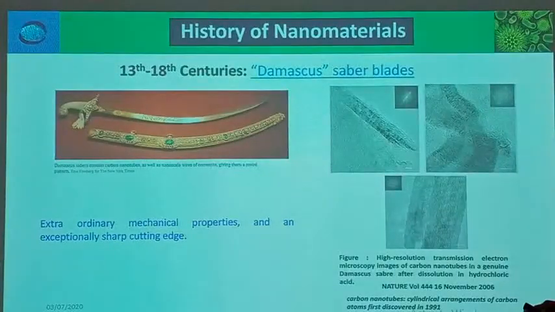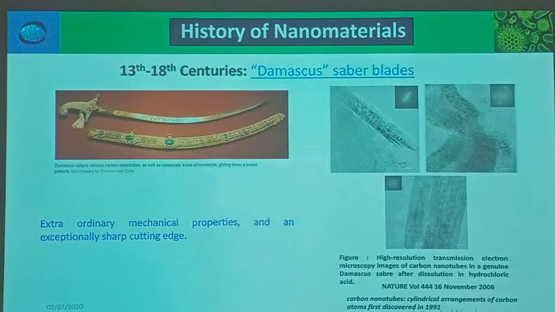In the 13th to 18th centuries, the Damascus saber blades had extraordinary mechanical properties. They had great strength. When a smaller part of this blade was dissolved in hydrochloric acid and tested under a high resolution transmission electron microscope, the presence of carbon nanotubes was found.